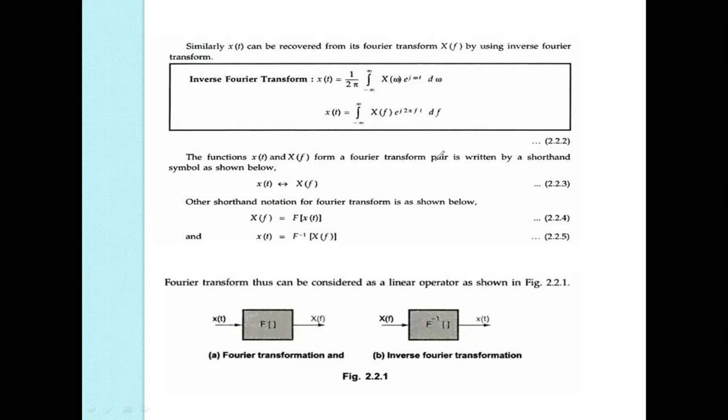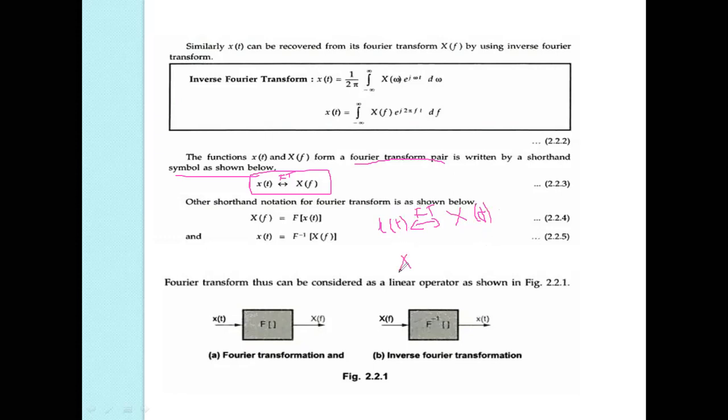A Fourier transform pair is written by a shorthand symbol, x of t, Fourier transform, bidirectional arrow, X of f, or X of f is equal to, you can write this as the Fourier transform of x of t. So the relation is actually x of t with its Fourier transform X of omega or X of f.